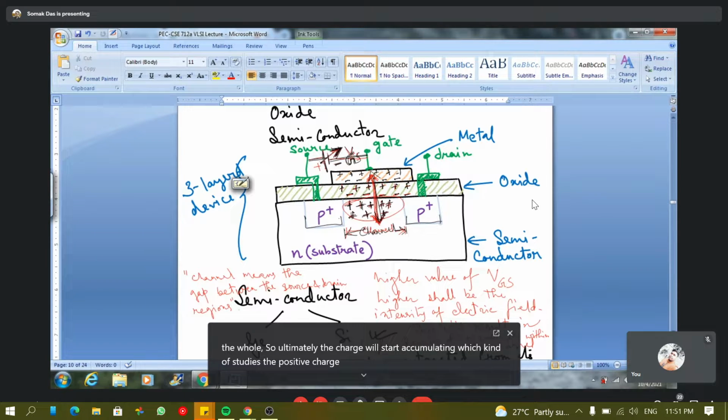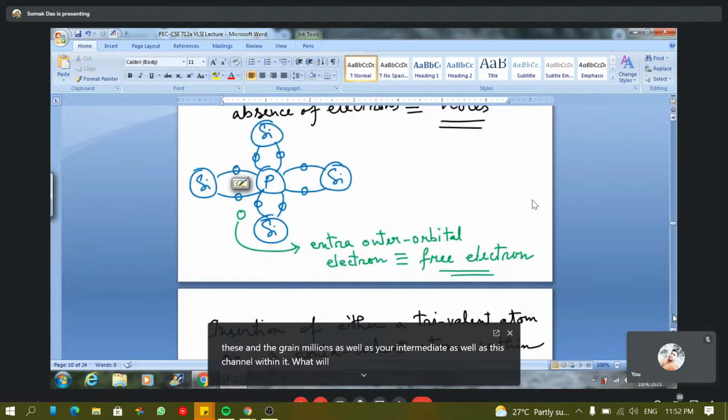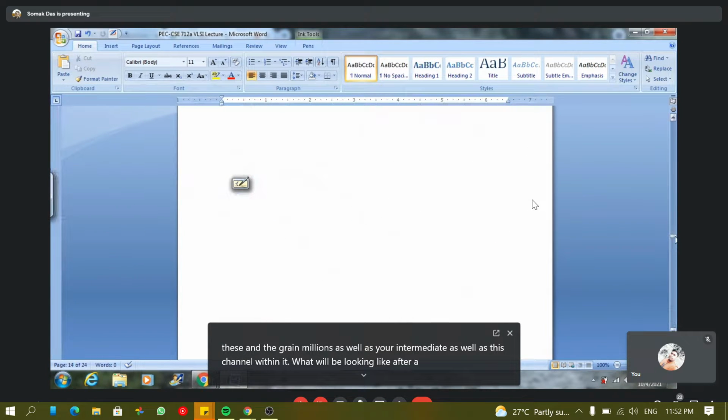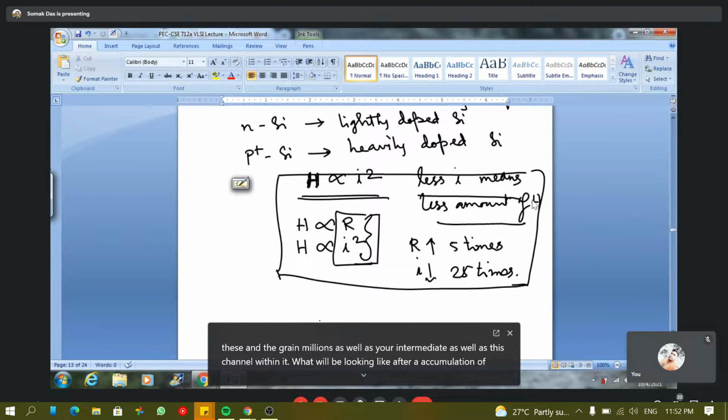You increase this VGS value further, higher will be the electric field intensity, higher will be the density of accumulated positive charge carriers. So ultimately, if you consider these source and drain regions, as well as the channel within, what will it look like after accumulation of positive carriers?